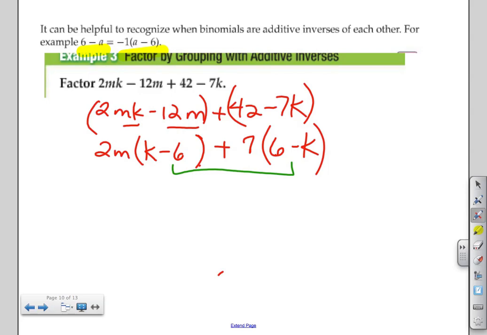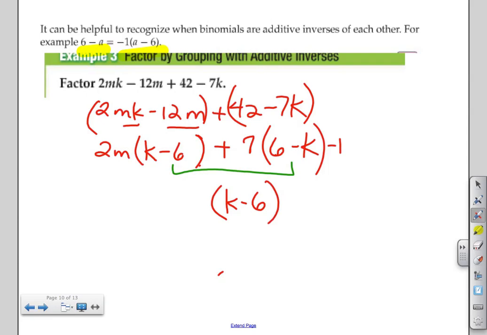Okay. So knowing that, we can regroup this and say k minus 6 for both of these guys, right? But what happens if we do that? What do we have to do with all of the terms? We have to multiply it by a negative. We're multiplying everything in that term by negative 1, okay? And that's how we get k minus 6, right?